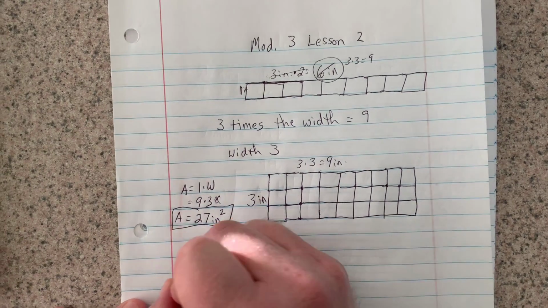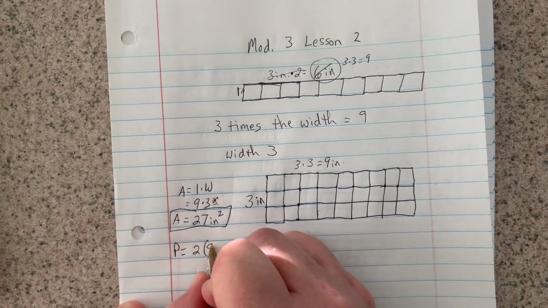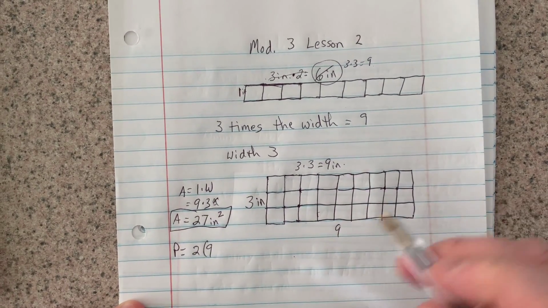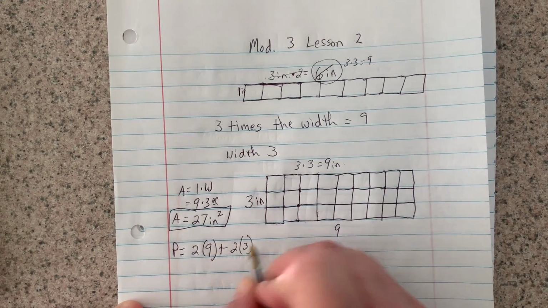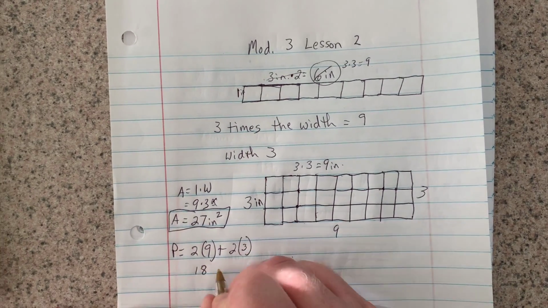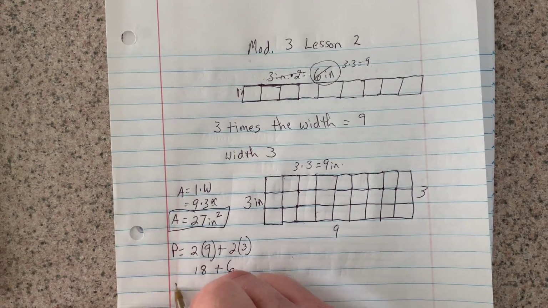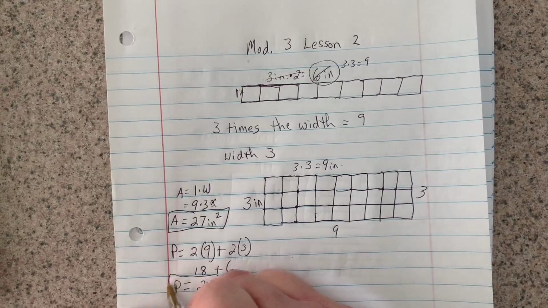And then the perimeter would equal 2 times 9, because we have 9 here and 9 here, plus 2 times 3, because we have a 3 over here. So this is 18 plus 6. So perimeter equals 24 inches. Okay?